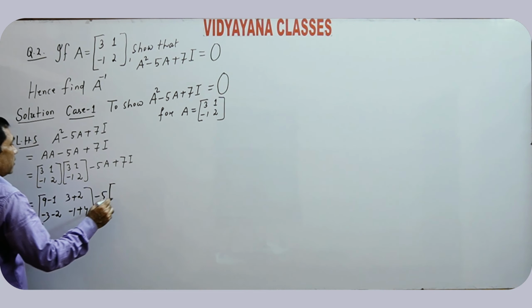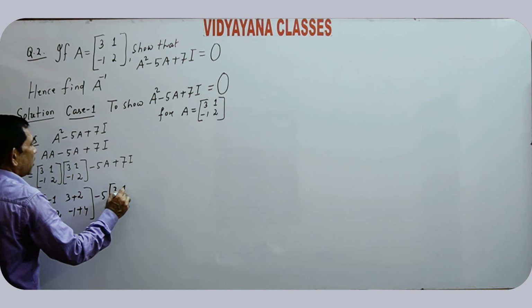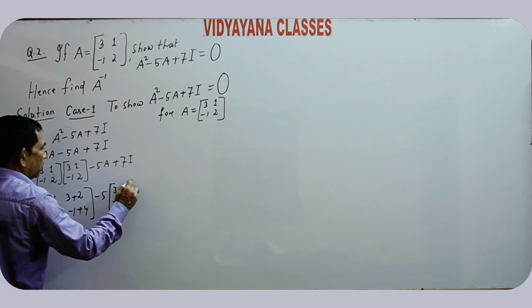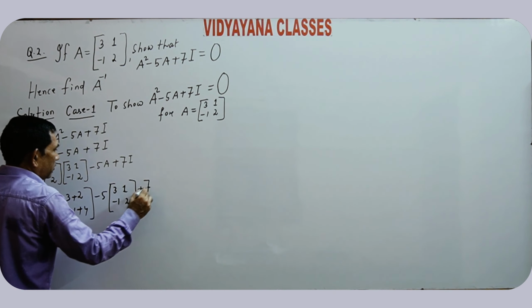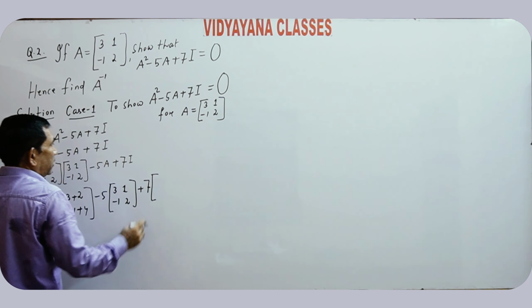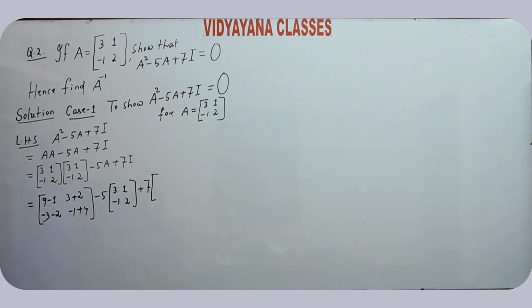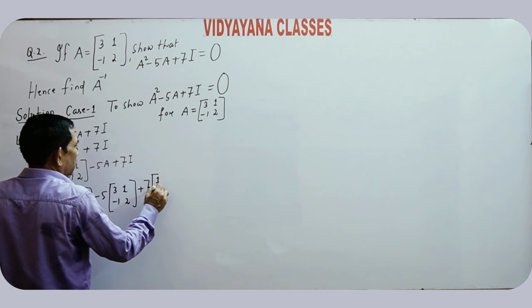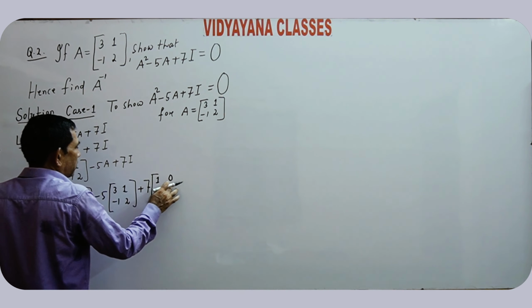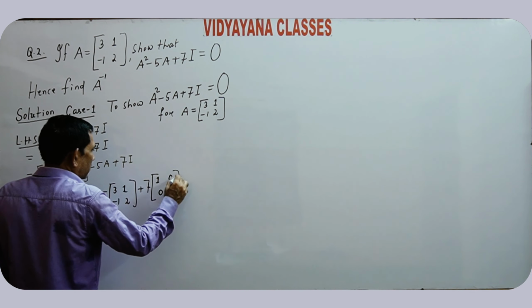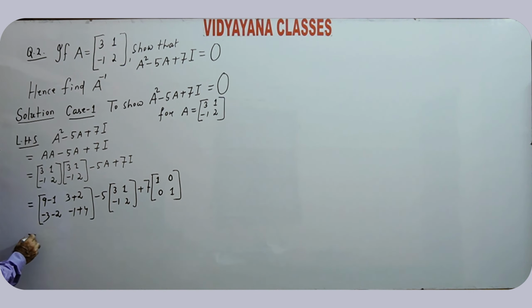So A squared is [8, -5; 3, 7]... I is the unit matrix of order 2. Its elements are 1 0 0 1. It gives 8, 5, minus 5 and 3.